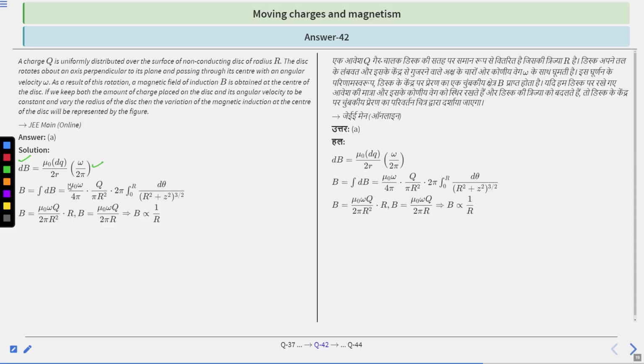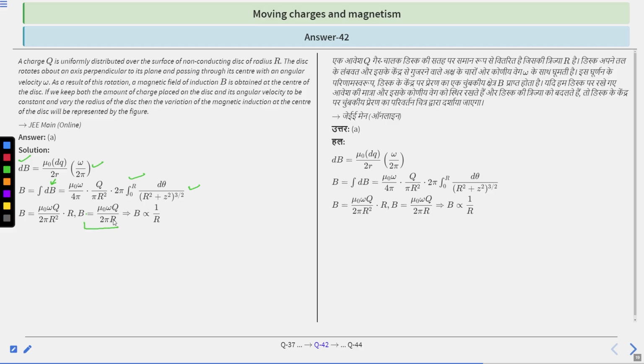Putting all the dB terms in here, you will get mu naught omega divided by 4 pi multiplied by q pi r square multiplied by 2 pi, integration 0 to r, d theta divided by (r square plus z square) whole power 3 by 2. After calculating this integral, you will get B equal to mu naught omega q divided by 2 pi r square multiplied by r. So B equals this.